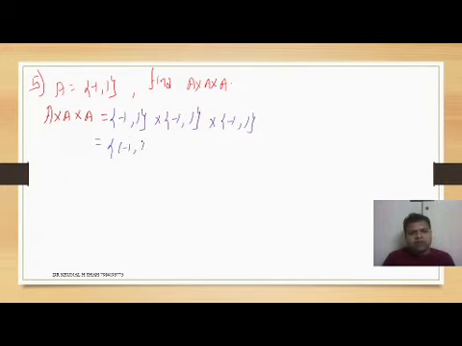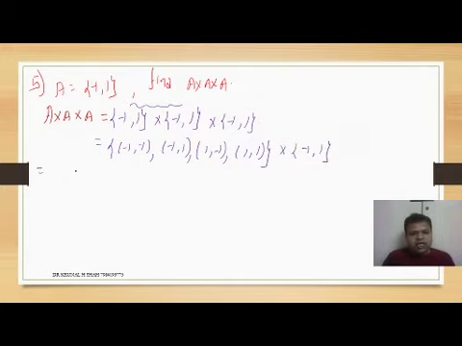So this is equals to what? So that is going to be, pehle, the first two sets. So (-1, -1), (-1, 1), (1, -1), (1, 1) cross {-1, 1}.